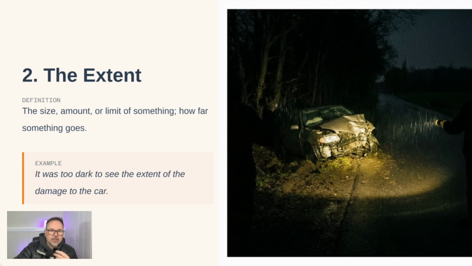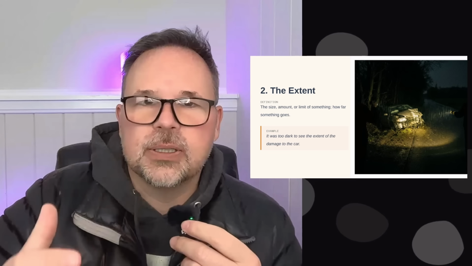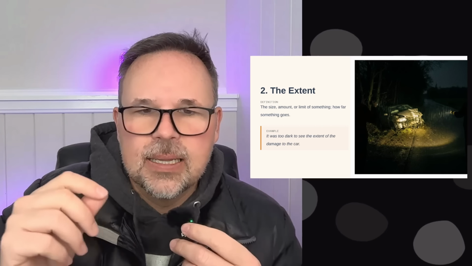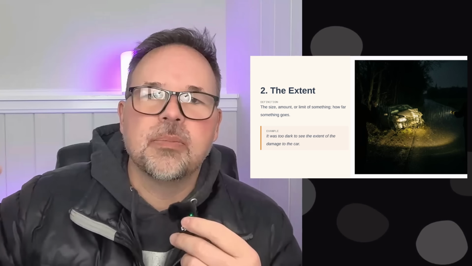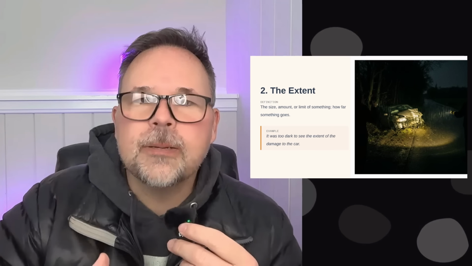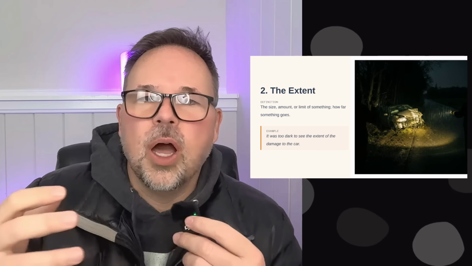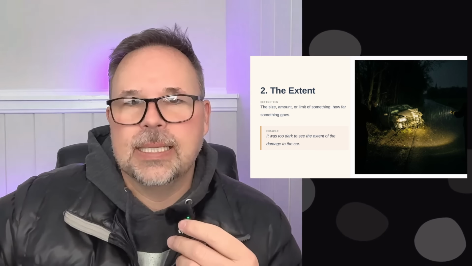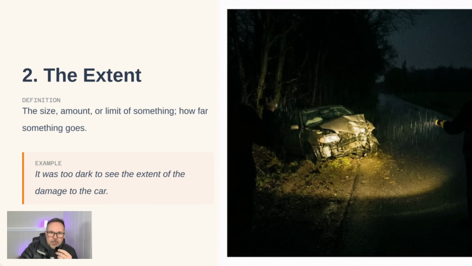Next, we have the extent or to the extent, the official definition, the size, the amount or limit of something, how far something goes. And hopefully the bombing of innocent people in Iran will not happen at a large extent or to a large extent. Here is a picture and here is a sentence. It was too dark to see the extent of the damage to the car.